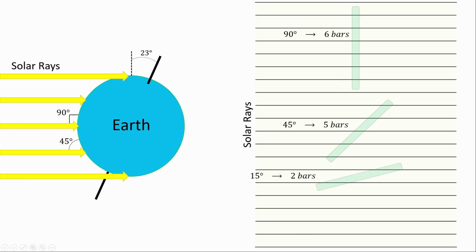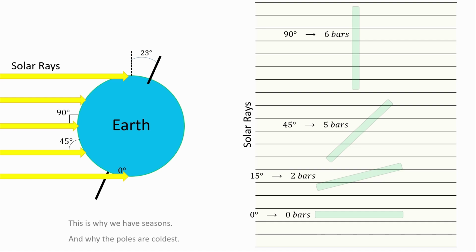We get even less at 15 degrees, and we get pretty much nothing at 0 degrees. So when we have a solar ray that's coming in right at the top of the Earth, it'll just pass through the atmosphere and come out the other side. Of course, we know because of greenhouse gases, some of that energy will get captured. But if we're just thinking about the surface, it would just pass right over the surface and keep going.